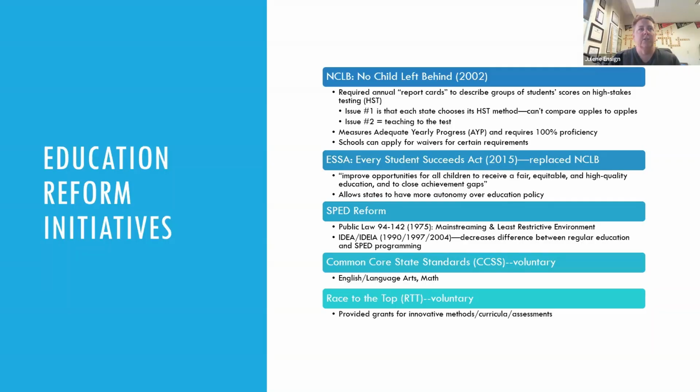You would have a school report card showing that your school is failing at AYP, and then certain interventions would come into place. But the issues weren't just that AYP was an issue. Each state was able to choose its own high-stakes test that it was using to show AYP.